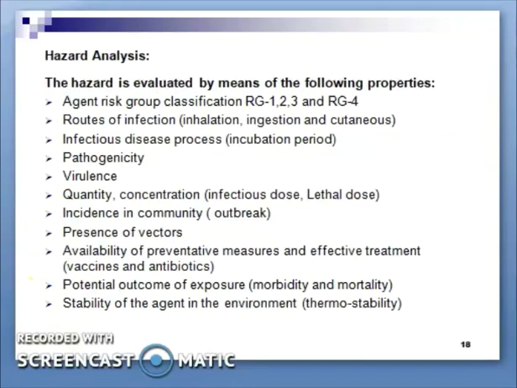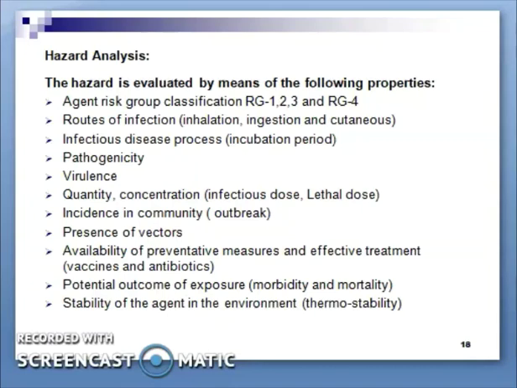How do we analyze hazard? The hazard is evaluated by means of the following properties, which you can see here: agent risk group classification. For example, the pathogenic microorganisms have been classified into 4 risk groups, which we are going to discuss in the next few slides. So what is the risk group of the particular agent or agents?